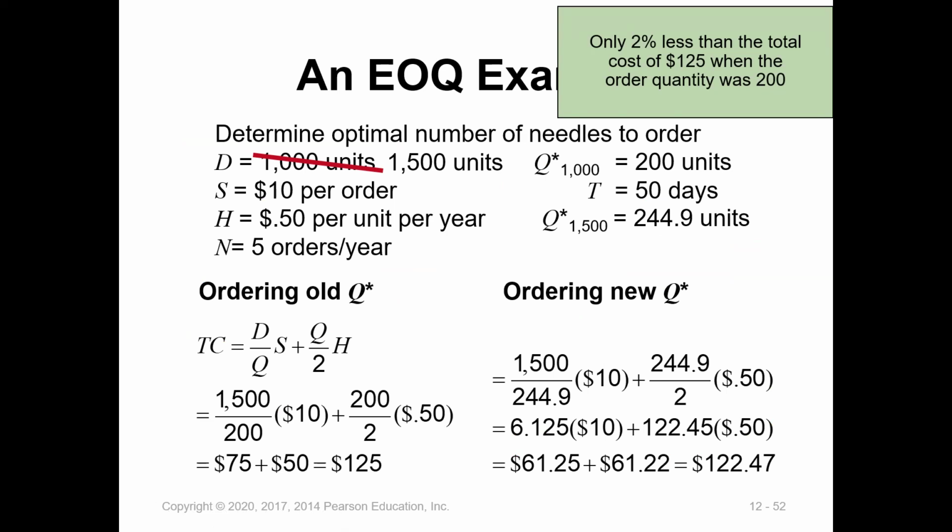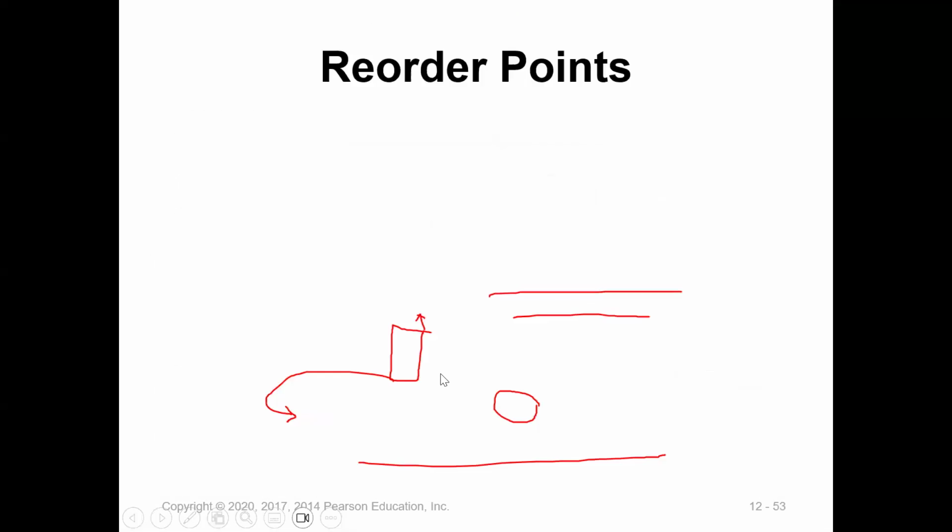So the total cost if they used 1,500 is 125, which is D over Q times S plus Q over 2 times H. Okay, so 1,500 over 200 times 10 plus 200 divided by 2 times 0.5. So it's 125. If you are using the new Q star, 1,500 divided by Q star, which is here 244, times 10, so it is 122. Okay, so there is a difference between the two.